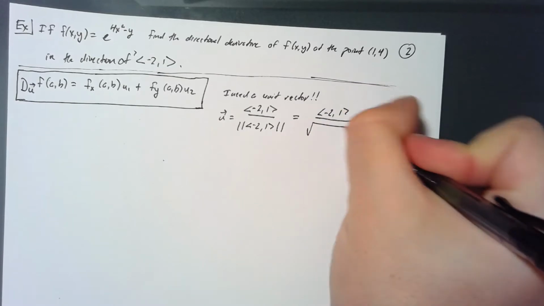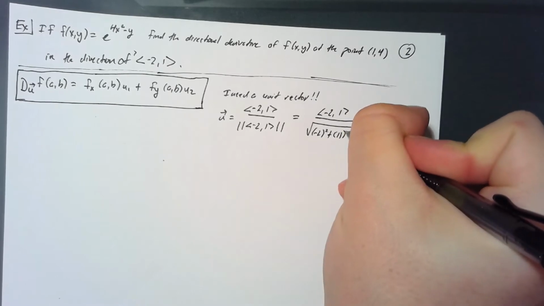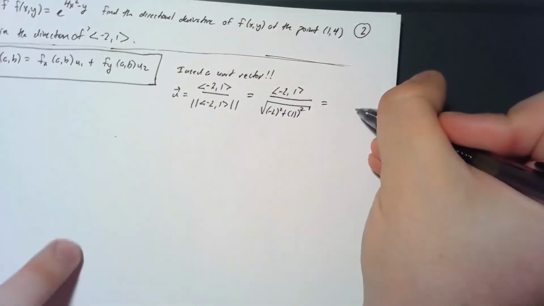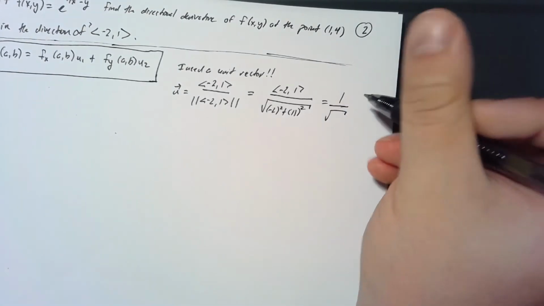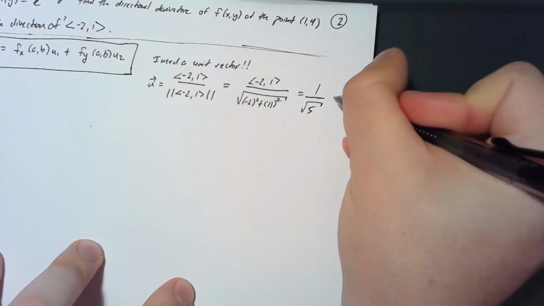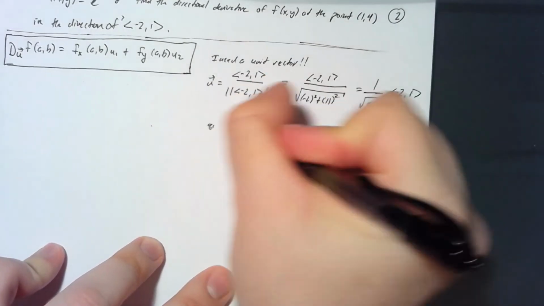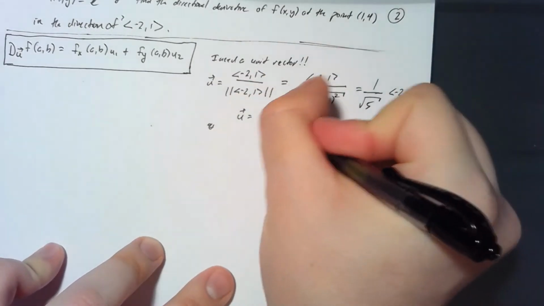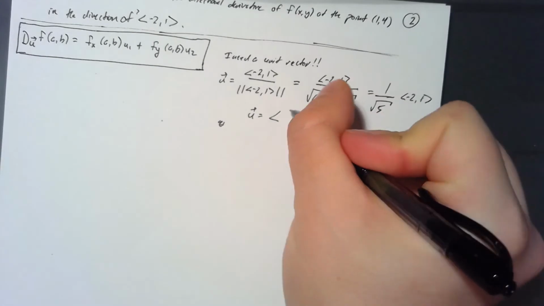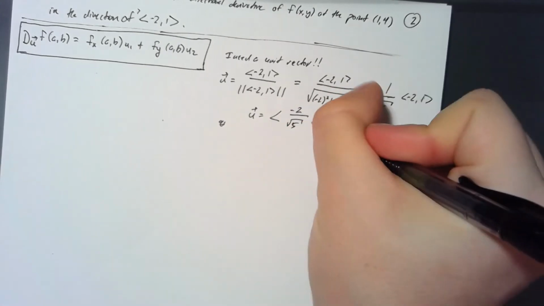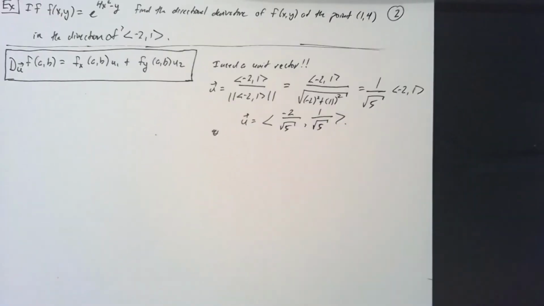The magnitude is the square root of the sum of its squares, so negative 2 squared plus 1 squared, which is 4 plus 1, so it's 1 over the square root of 5 times negative 2, 1. So the unit vector is going to be, bringing the 1 over square root of 5 inside, negative 2 over root 5, comma, 1 over root 5. All right, so that's the unit vector.